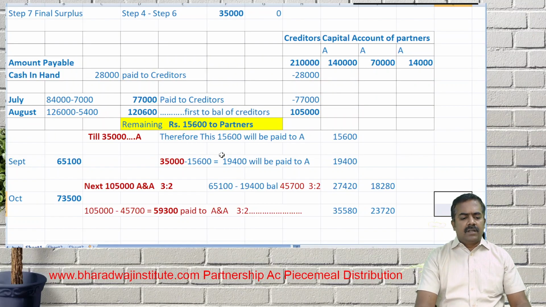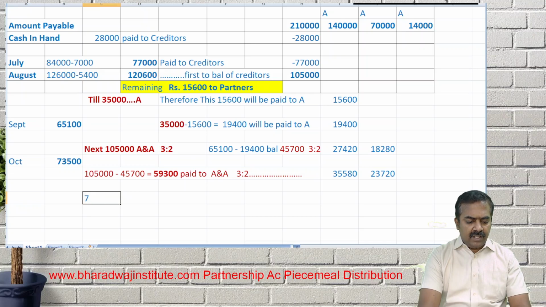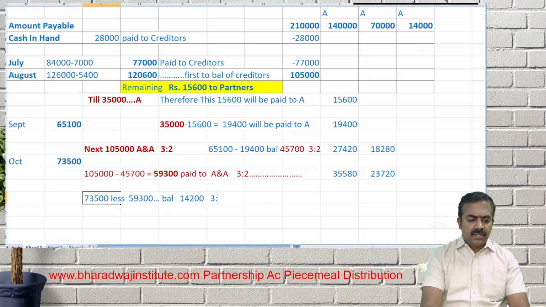Next, how much balance is still there? Out of 73,500, how much has been distributed? 59,300 has been distributed. 73,500 minus 59,300 has already been distributed. How much balance is there? 14,200. It will be distributed to all partners in which ratio? 3:2:1 ratio.